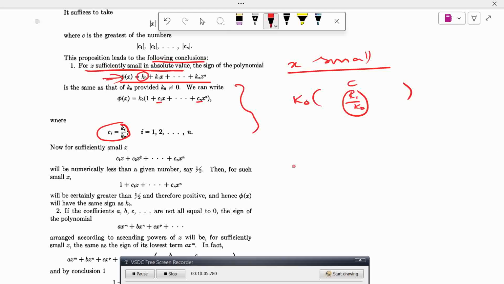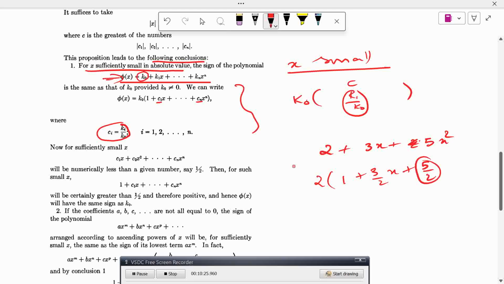I'll give you an example. Suppose 2 plus 3x plus 5x square. Now if we are taking 2 outside, this will become 1, this will become 3 by 2, this will become 5 by 2. So these are our new coefficients, C1, C2 etc.